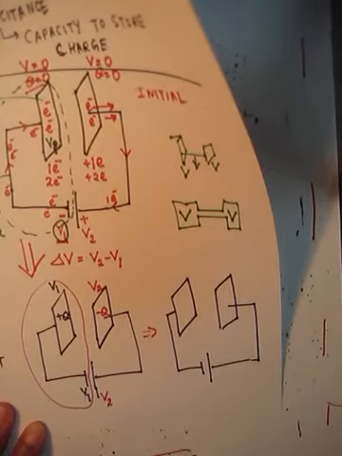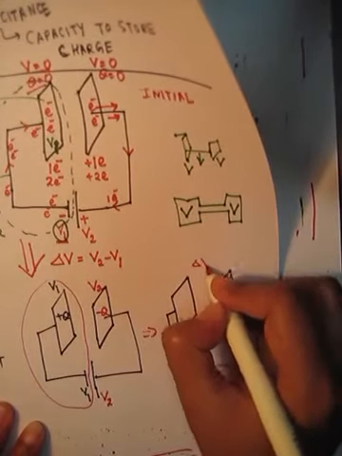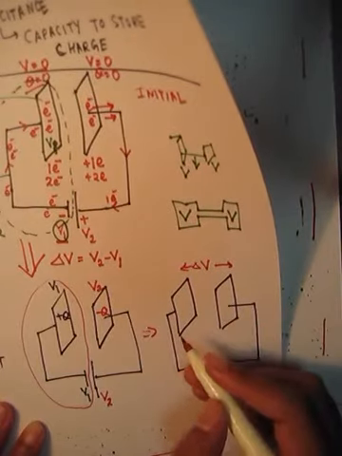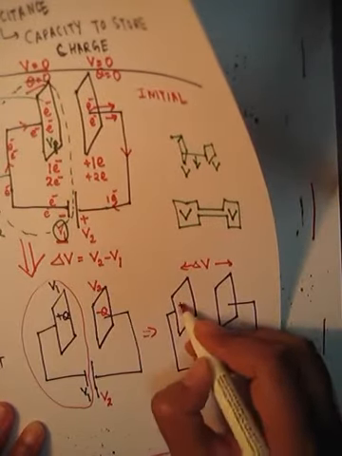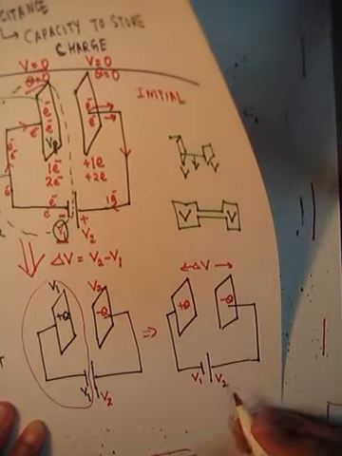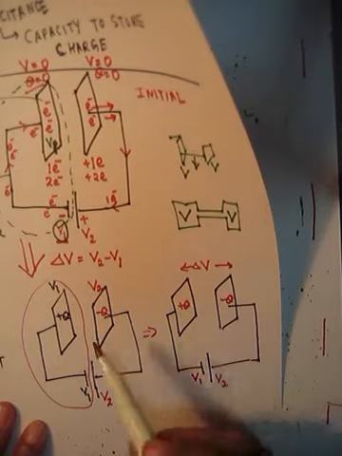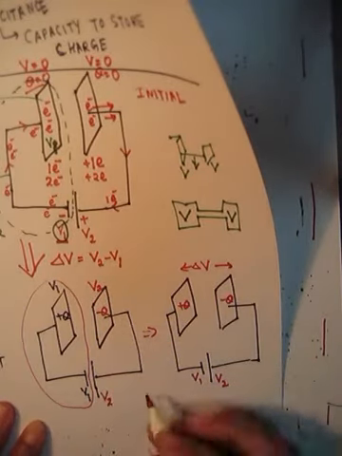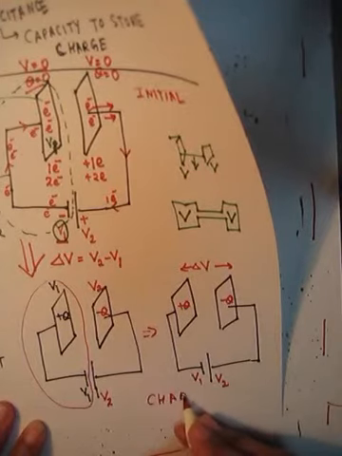Finally, there will be a potential difference of delta V between these two plates, and if it is a plus q charge here, it will be minus q charge here. If it is V1 here and V2 here. So this will happen in a fraction of seconds. And this whole process is called charging of a capacitor.